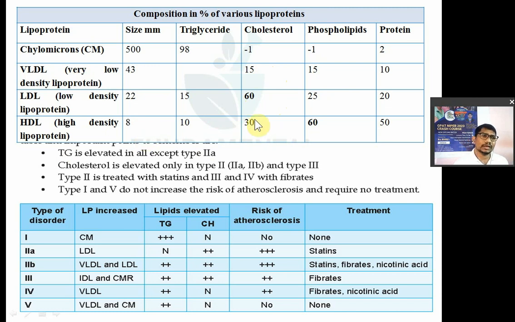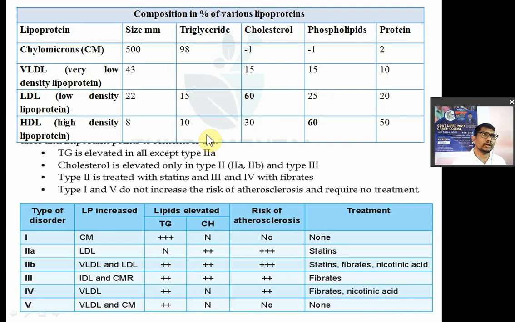So the most dangerous lipoproteins in the body are low density lipoprotein, very low density lipoprotein and chylomicrons. These three are known as bad cholesterol. Increased low density lipoprotein is related with the increased risk of atherosclerosis. You have to remember this, right?